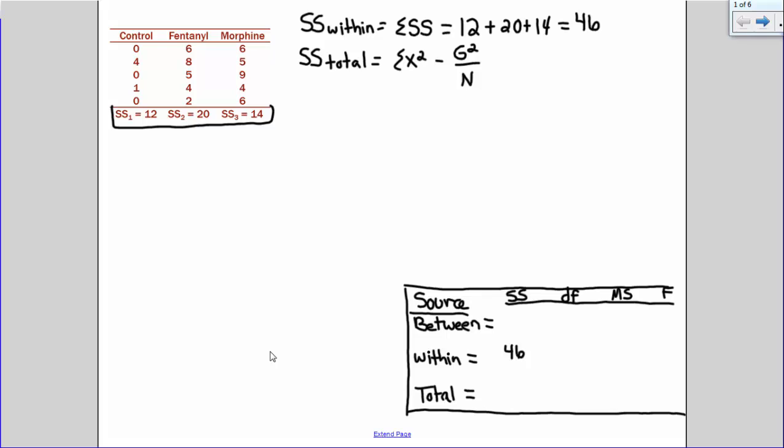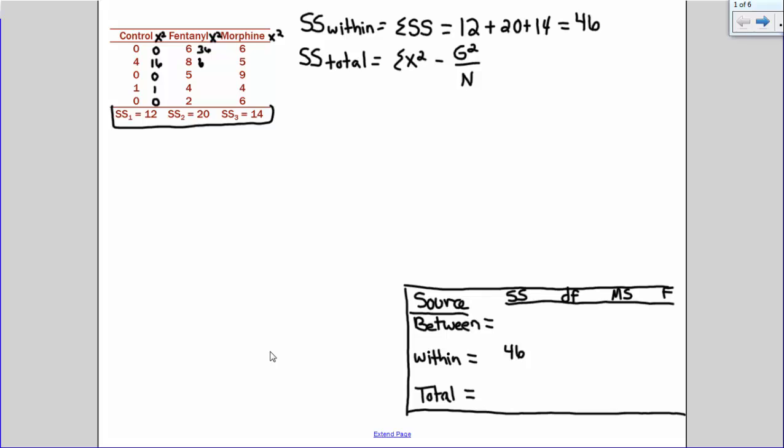So I'm just going to start doing a little bit of x squaring over here. So 0 times 0 is 0, 4 times 4 is 16, 0 times 0 is 0, 1 times 1 is 1, 0 times 0 is 0, 6 times 6 is 36, 8 times 8 is, I don't know that one in my head, 64. All right, had to check.